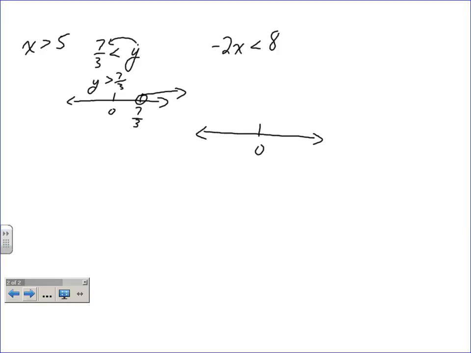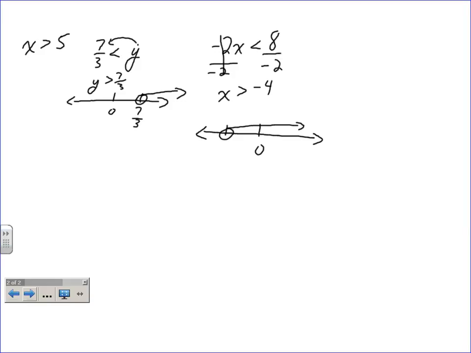Here's 0. And when you divide by a negative 2, I'm saying you have to reverse that inequality sign, right? So x is greater than negative 4, correct? Well, let's take the negative 4, put an open circle, and let's graph it.